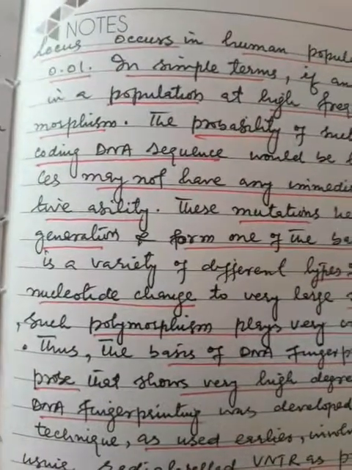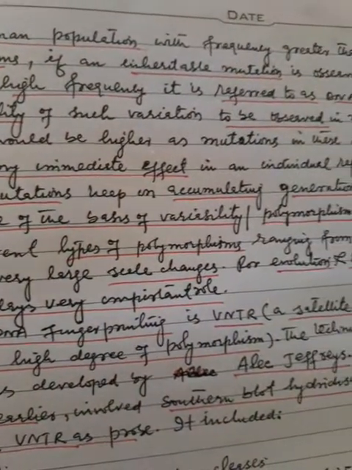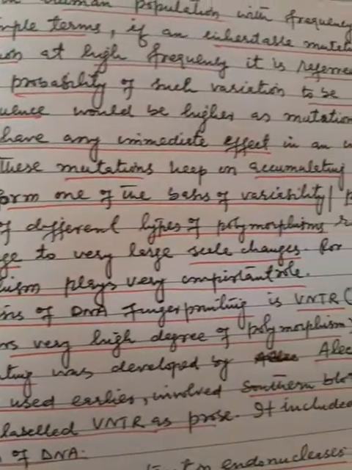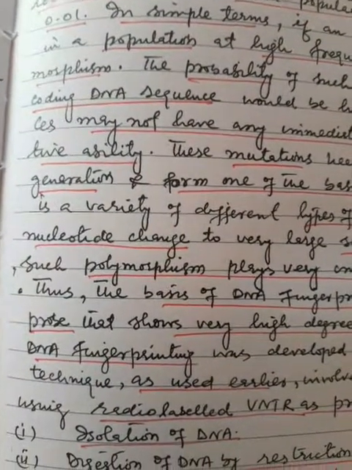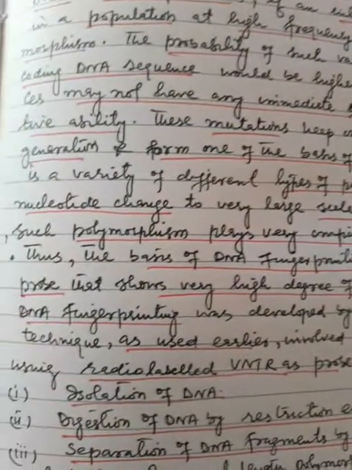There is a variety of different types of polymorphisms ranging from single nucleotide change to very large scale changes. For evolution and speciation, such polymorphism plays a very important role.